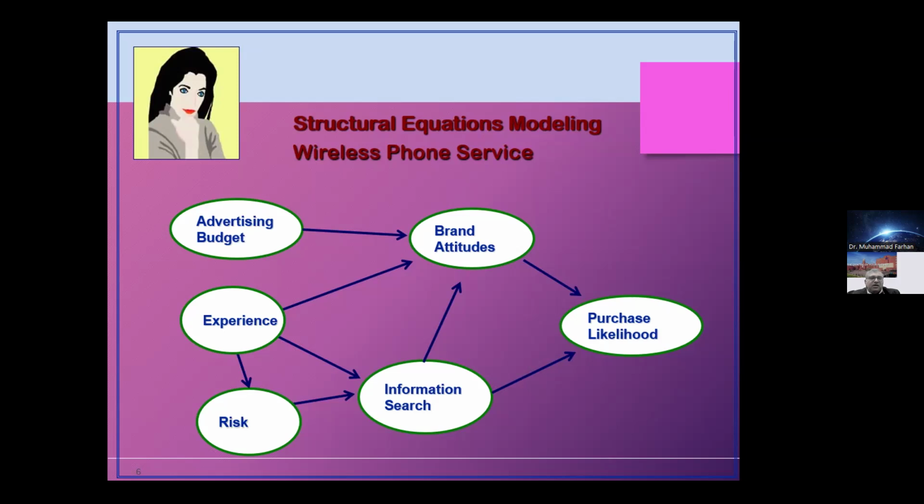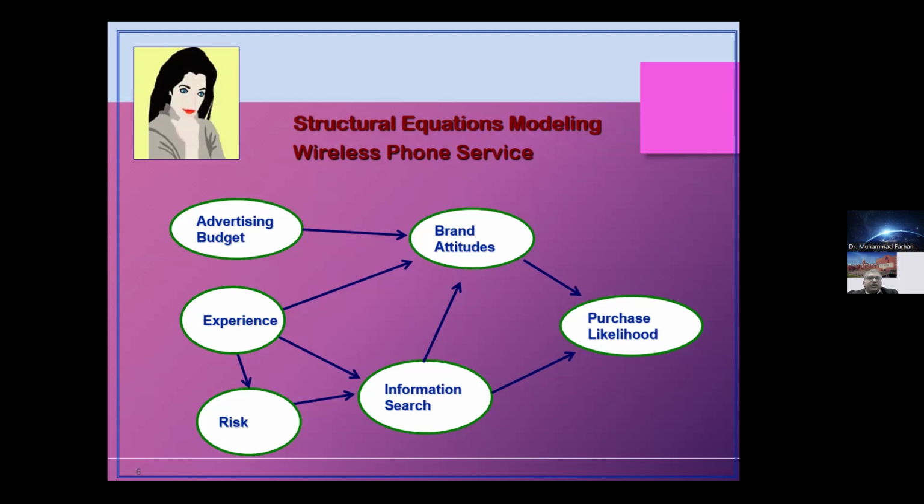I warn you, this is not to scare you or make you afraid of it. But if you see a model with all the arrows and constructs, you will probably be unable to count the arrows. It means the model is relatively complex.